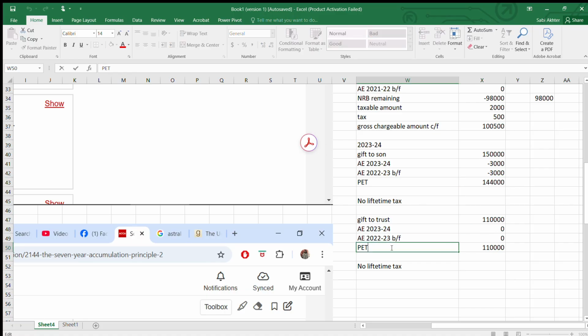So now we'll be calculating the nil rate band. So the nil rate band will be 325,000 minus, sorry, 244,000, the CLT you have made in 2017-18, because it falls within the 7 years period. So 81,000 is left. So this 81,000 you can deduct.